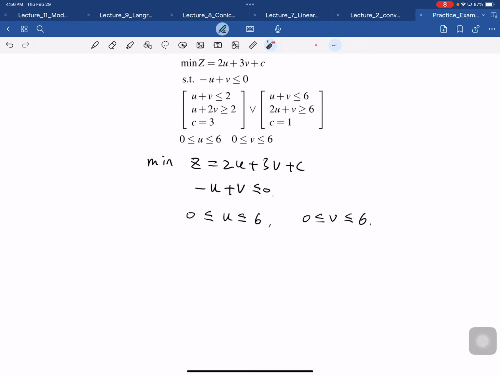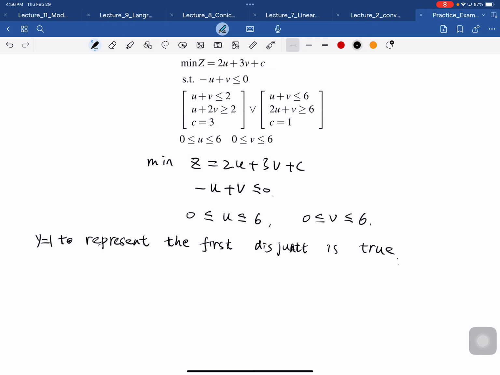Okay, so maybe let's write down this binary variable here. So let's use y to represent, so let's say y equals 1 to represent when the first disjunct is true.